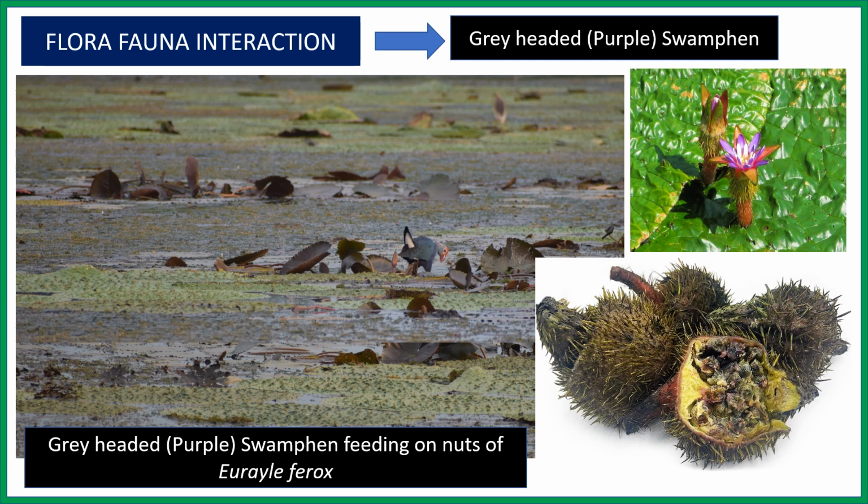Makhana is prepared from these nuts, and in many places it has been confused with the nuts or the seed of lotus. But yes, makhana is prepared from this plant, and makhana nuts and lotus seeds are also food for birds. So here we had seen the gray-headed swamphen feeding on nuts of makhana, or nuts of Euryale ferox.